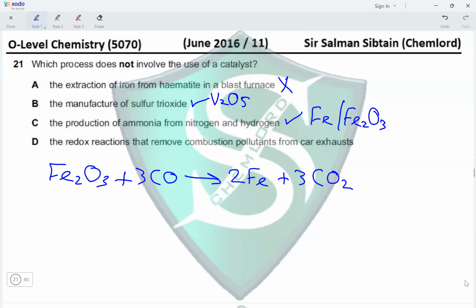This is the metal present in the catalytic converter, which is either platinum or rhodium or palladium or a combination of any of these metals. So the only process not involving a catalyst is the extraction of iron from hematite in a blast furnace, making option A the correct option for this question.